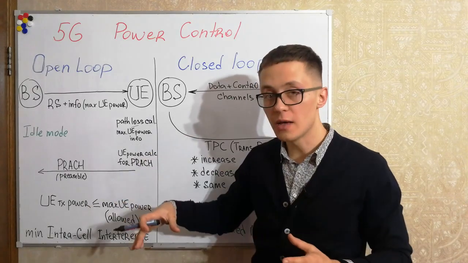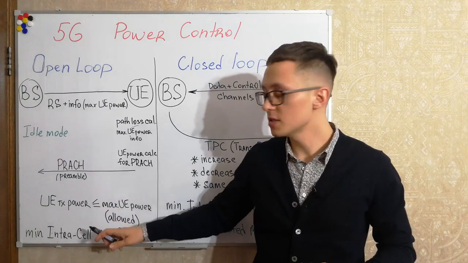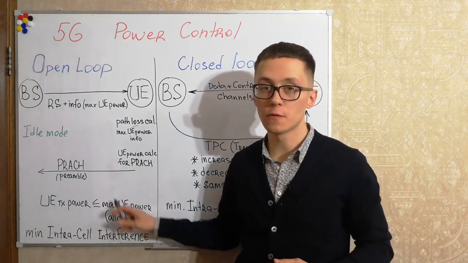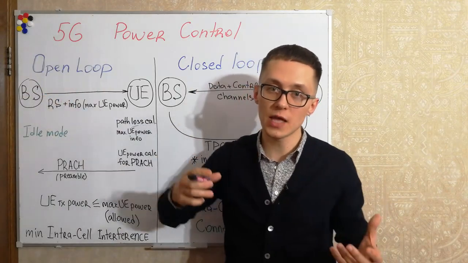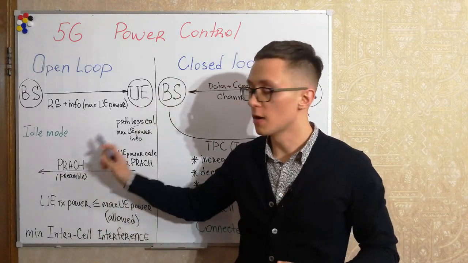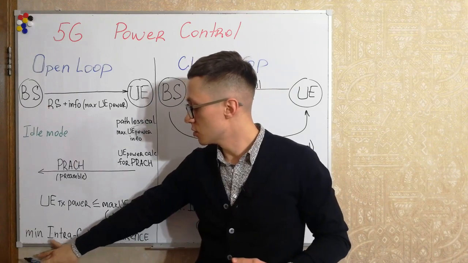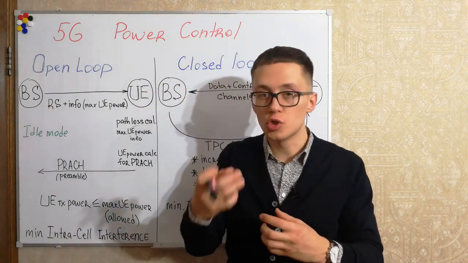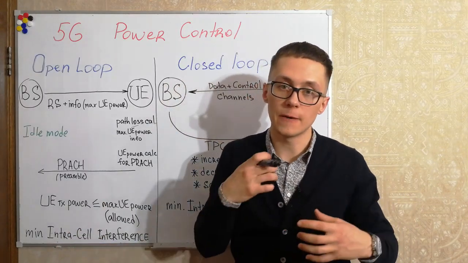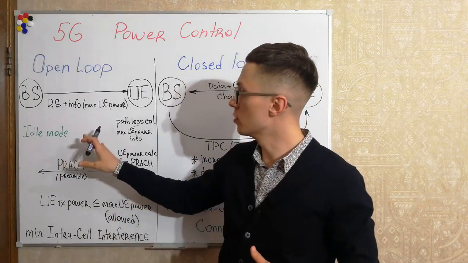And at the same time, this power must not exceed the maximum allowed power that was configured by the base station, by the network. And this power should also not interfere with other users, not cause intra-cell interference. This is open loop.